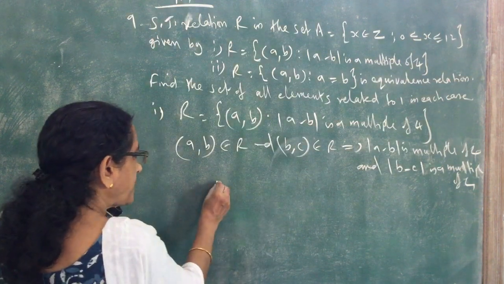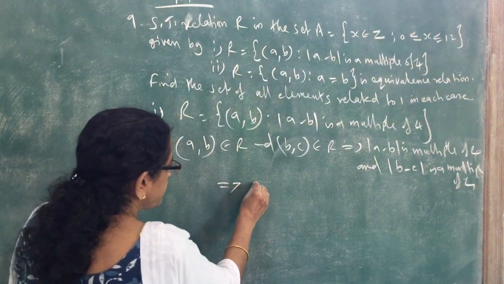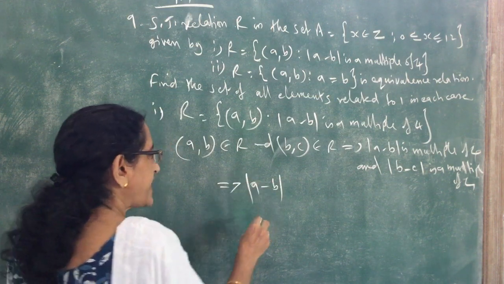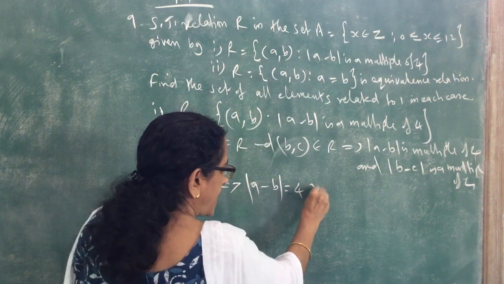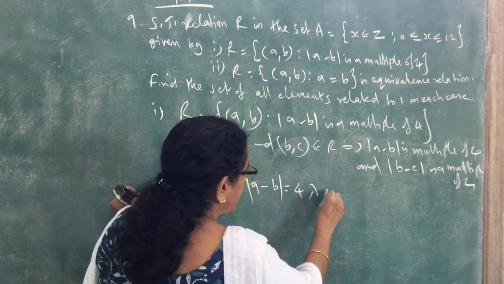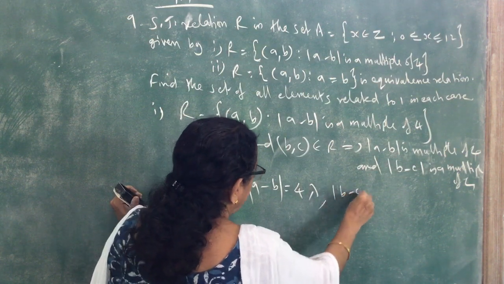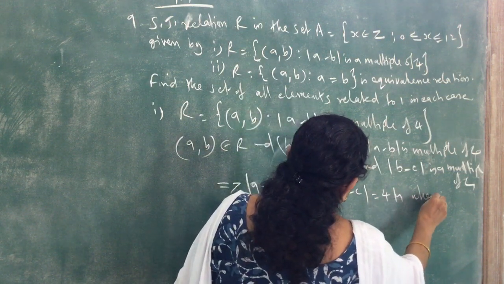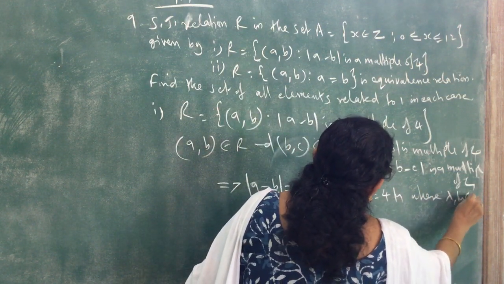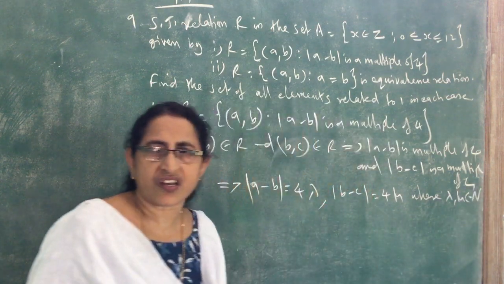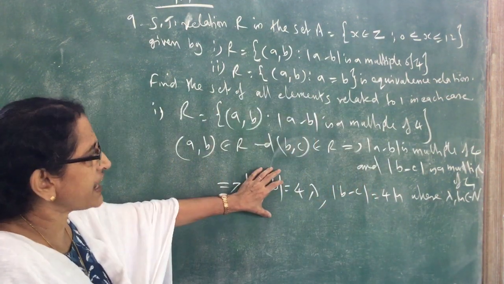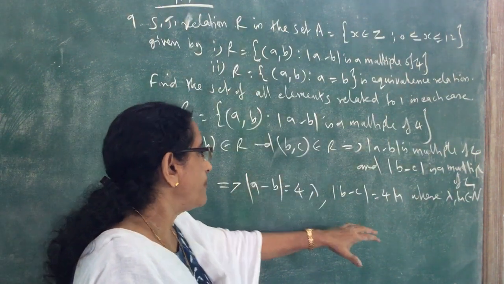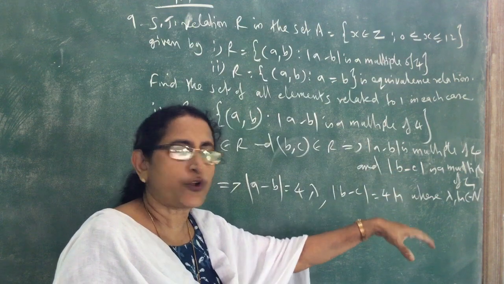That implies we can write modulus a minus b equal to some 4 lambda and modulus b minus c equal to some 4 mu, where lambda and mu belong to the natural numbers. That means modulus a minus b equals 4 into lambda, and modulus b minus c equals 4 into mu.